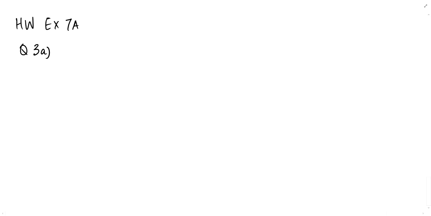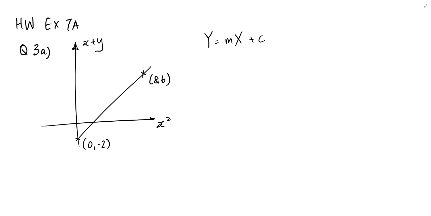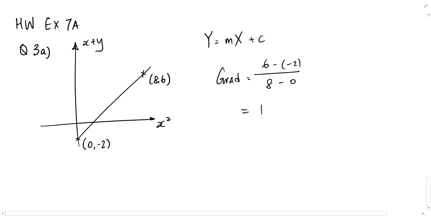Let's start with 3A. Find the gradient. Okay, gradient equals to 6 minus -2 divided by 8 minus 0. And we get 1.